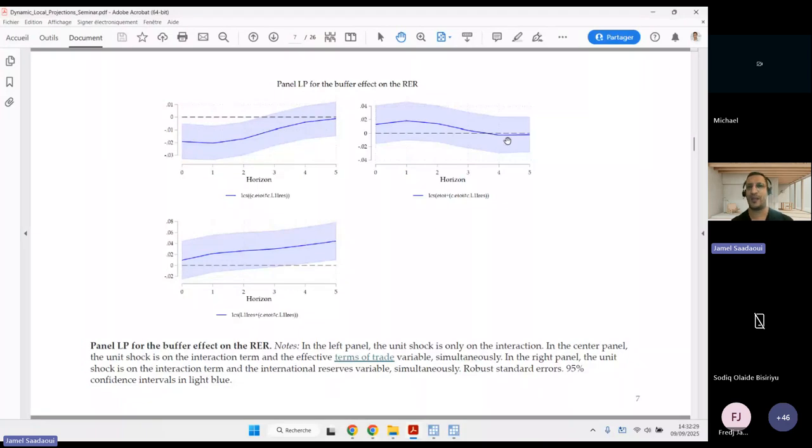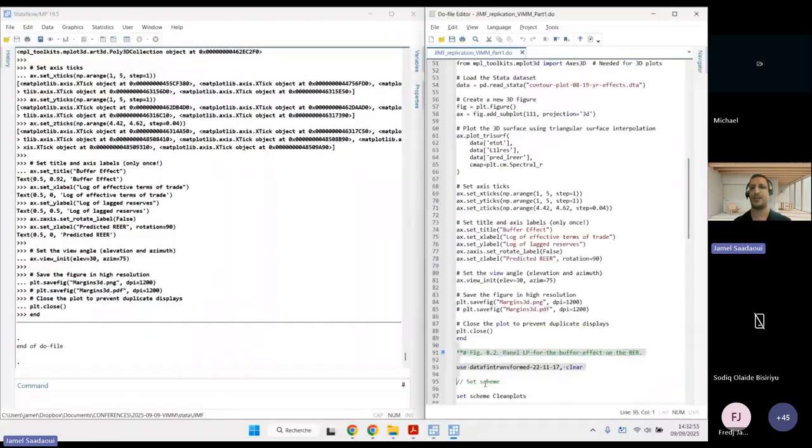Then if I make the shock on the interaction plus the terms of trade shock, no effect, and on the interaction plus the other term in the interaction, the lag of exchange rate reserves, no effect. So this shows that this buffer effect is truly coming from the interaction between the two variables.